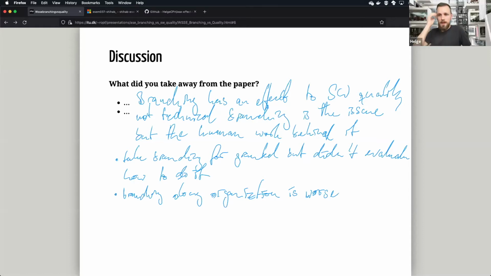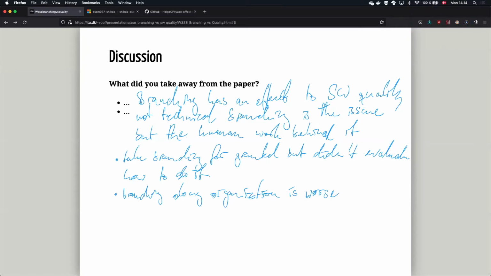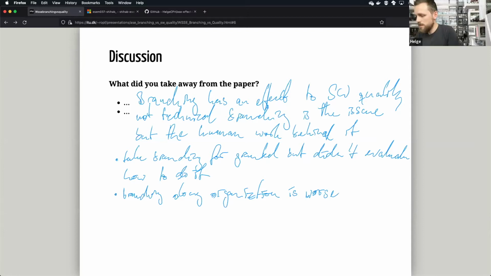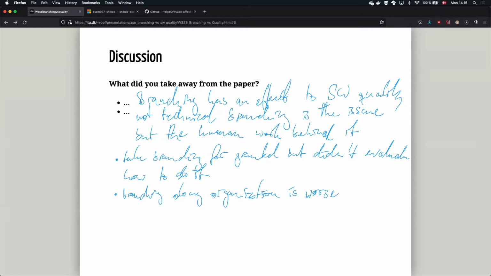Overly complex branching structures negatively affect software quality. There is a lot said about information theory, and that we must keep everything under control, because more branching is not always good.